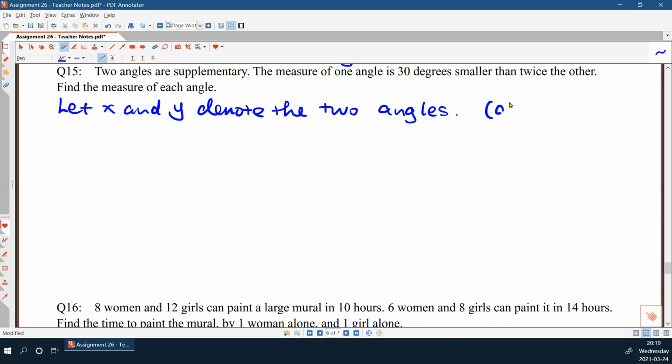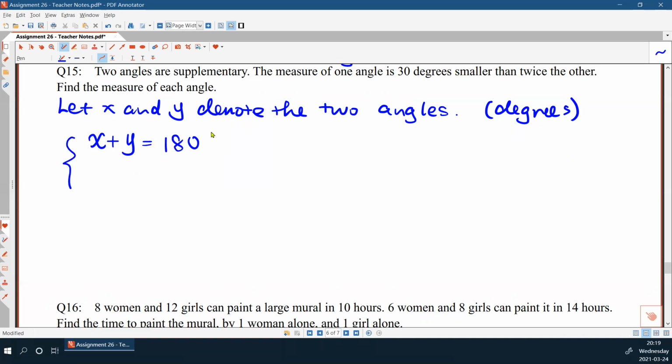Okay, the unit is degrees. Okay, so what pieces of information do we have here? First one is two angles are supplementary. That means the sum of x, y should equal 180, right? Because they are supplementary angles.